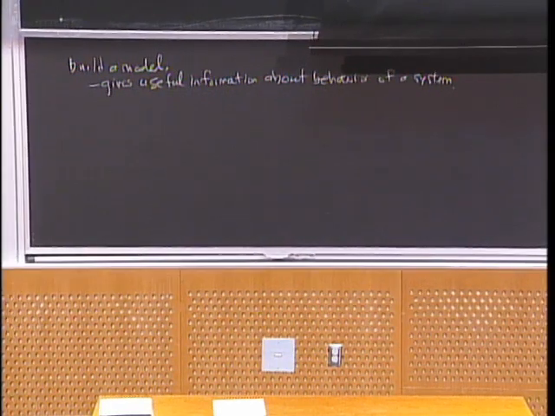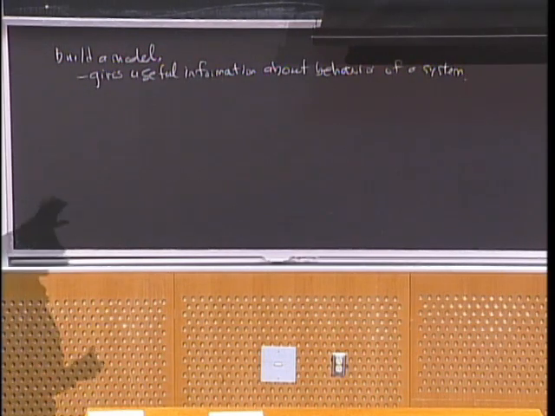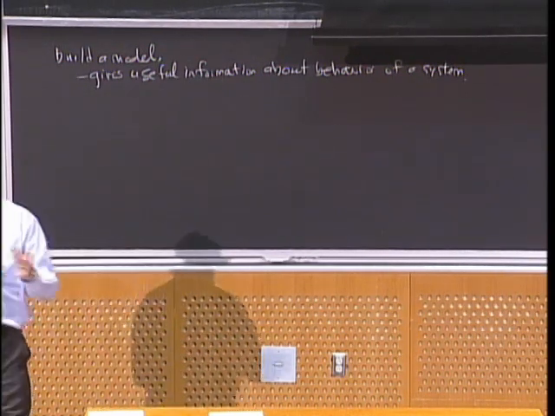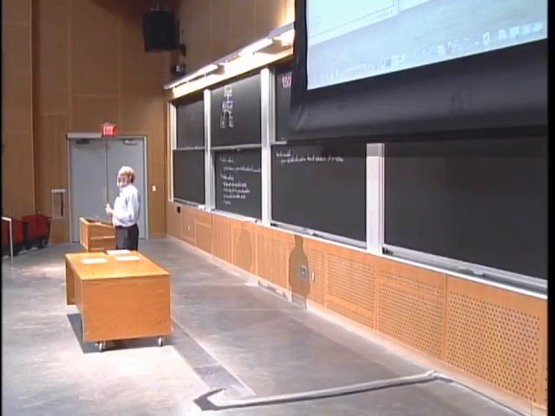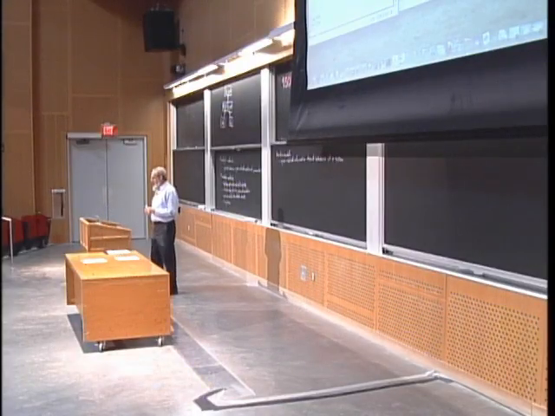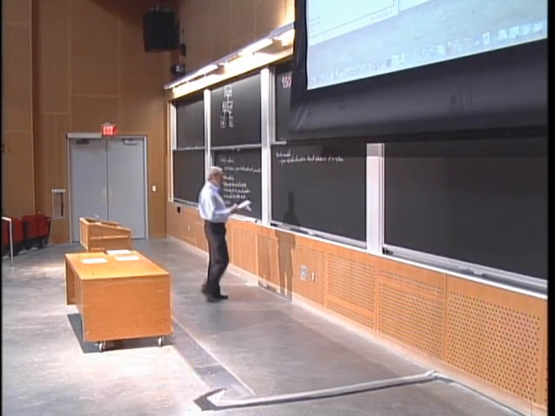I want to compare this to an analytic model. An analytic model would exactly predict what the system's going to do. With a simulation, we want to build a model that says, if I give you some sense of the state of the system, it will give me some information about how that system's going to behave. May not be exactly right, okay? But it's going to give me some simulation of it.